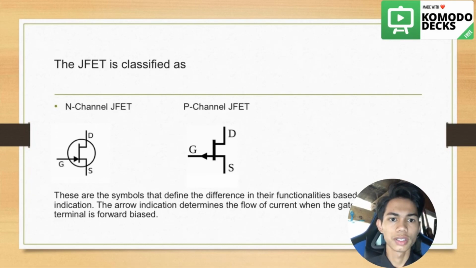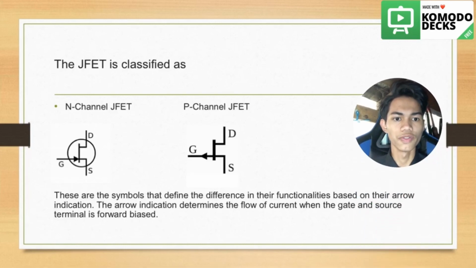The JFET is classified as N-channel and P-channel. These are the symbols that define the difference in their functionalities based on their arrow indication. The arrow indication determines the flow of current when the gate and source terminals are forward biased.